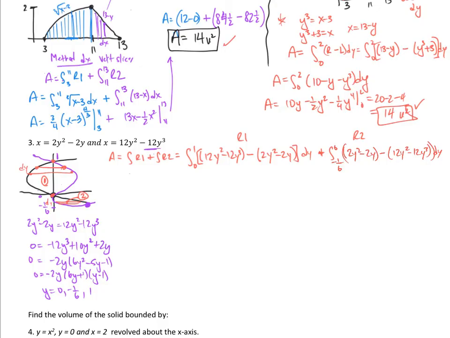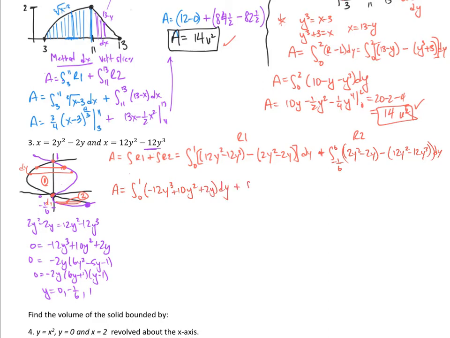Okay? All right, so the area ends up being, in region 1, if we clean that up a little bit, we'll get 0 to 1, and this will be FOIL, or distribute that and then combine like terms. You're going to get negative 12y cubed, sorry, plus 10y squared plus 2y dy.